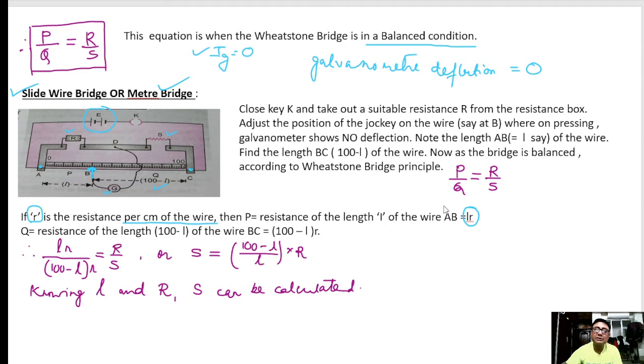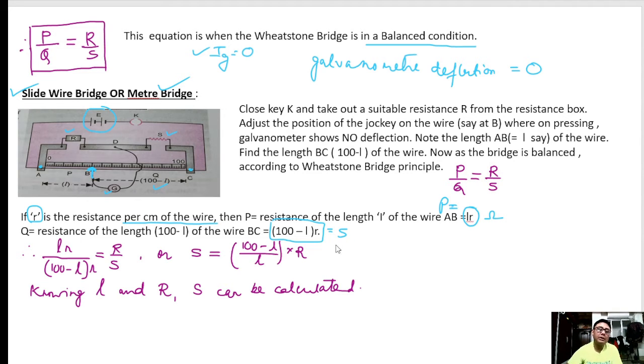That is the resistance of P. So for 100 minus L, the resistance will be 100 minus L into R, and that is the resistance S.